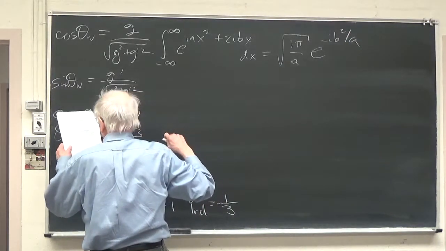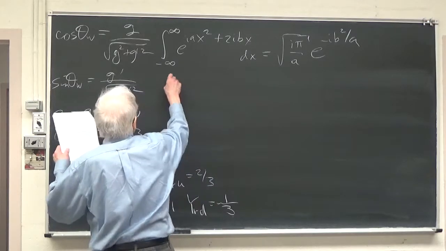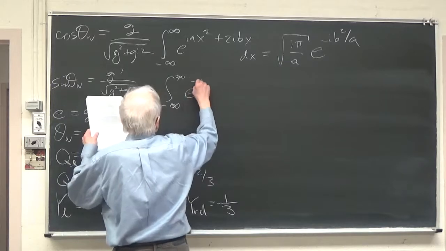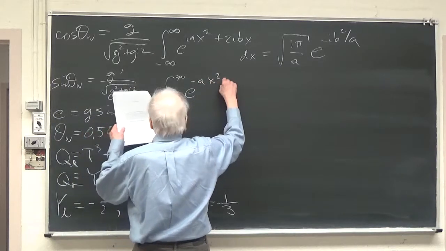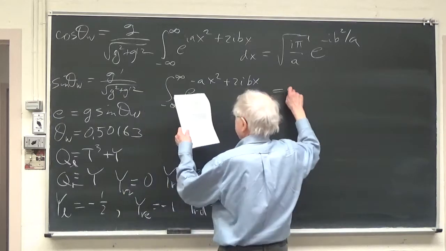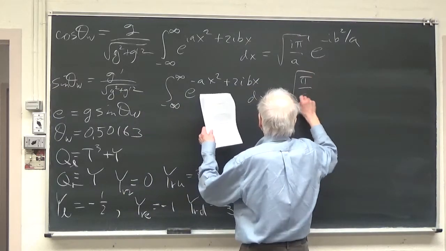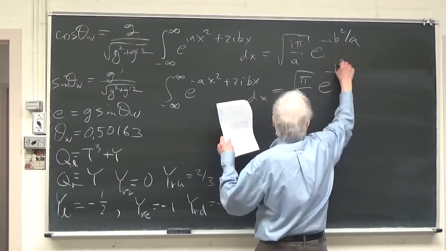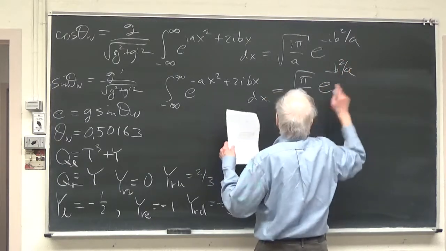And a related integral, e to the minus a x squared plus 2i b x dx, is square root of pi over a times e to the minus b squared over a.